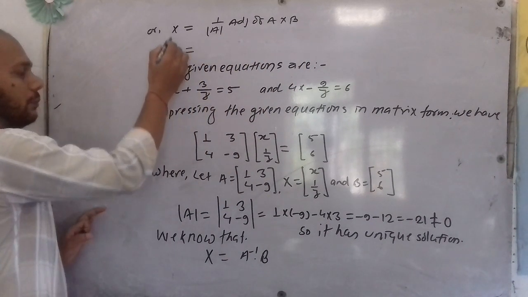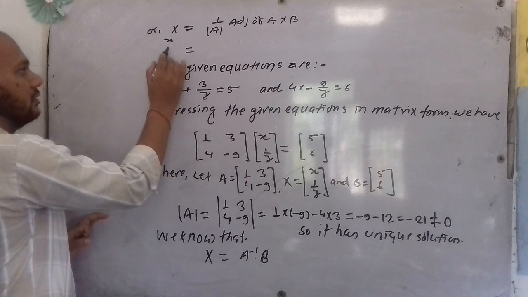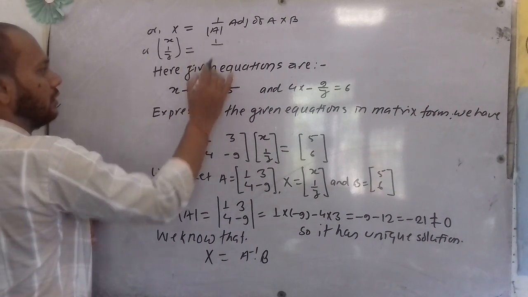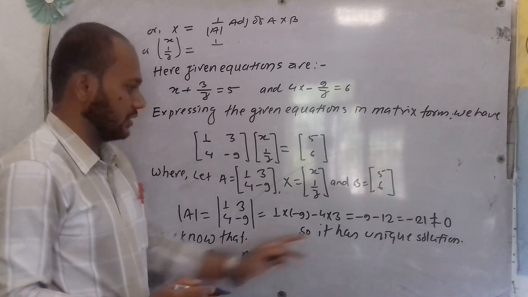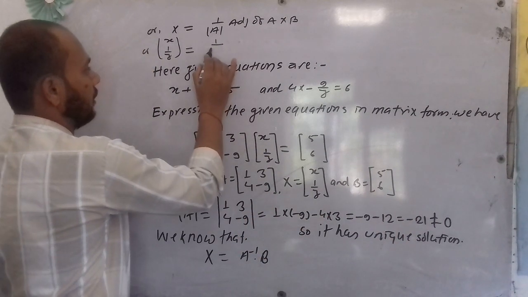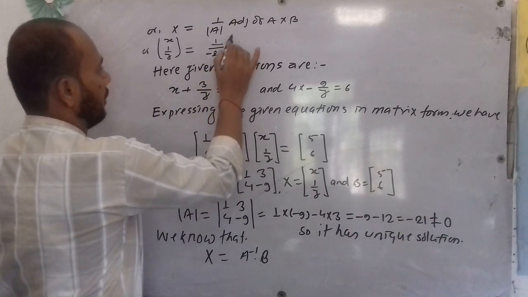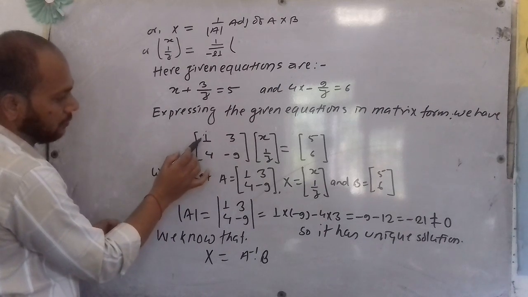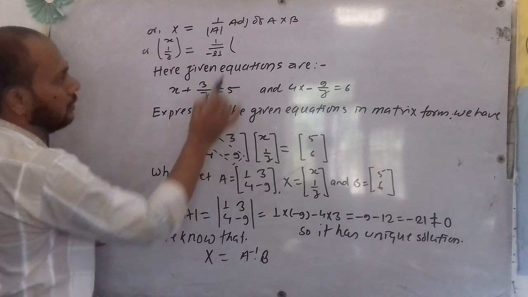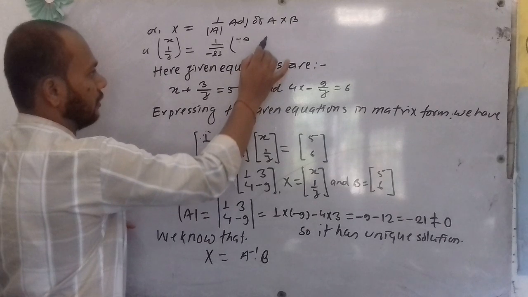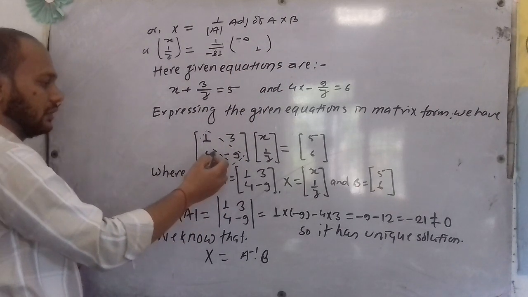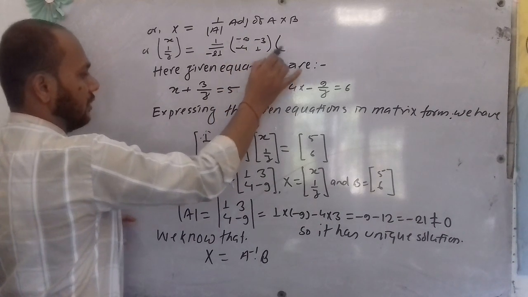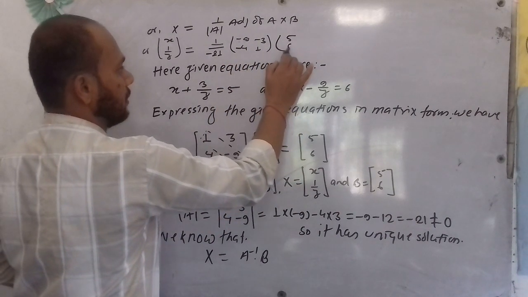And look here, in the place of X we have x, 1 by y, and here 1 by the determinant of matrix A, which is minus 21, and its adjoint, you know how we find the adjoint. Change the main diagonal elements, minus 9, 1, and write the remaining elements with their negative sign, minus 4, minus 3, and you write there the matrix B, 5, 6.